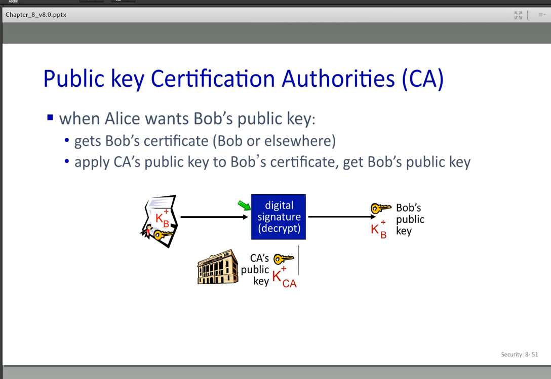Bob signs the order with his private key. If it's correct, and Bob sends that order, now the court has Bob's public key, so they can decrypt Bob's message.